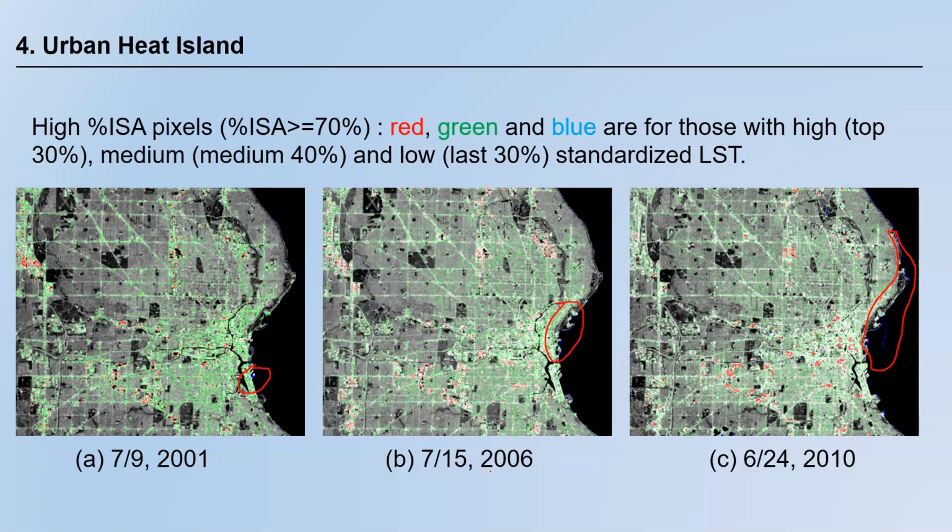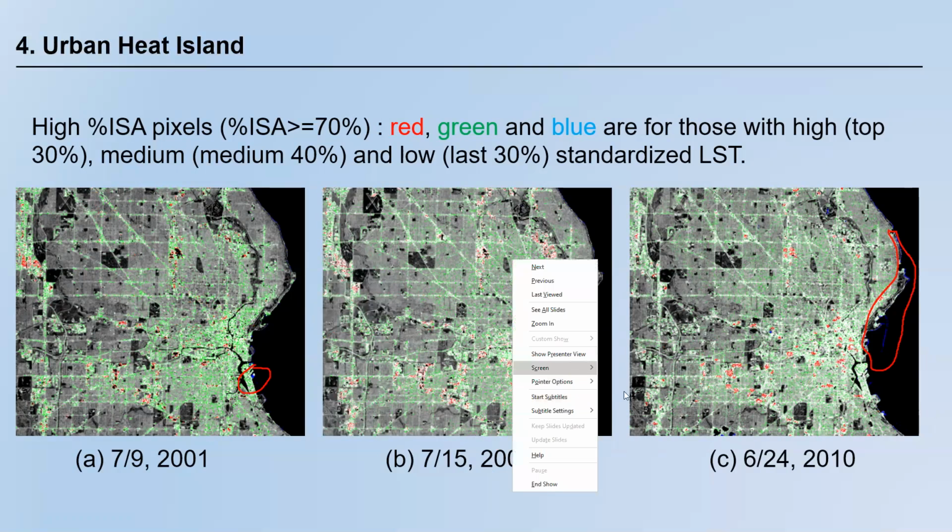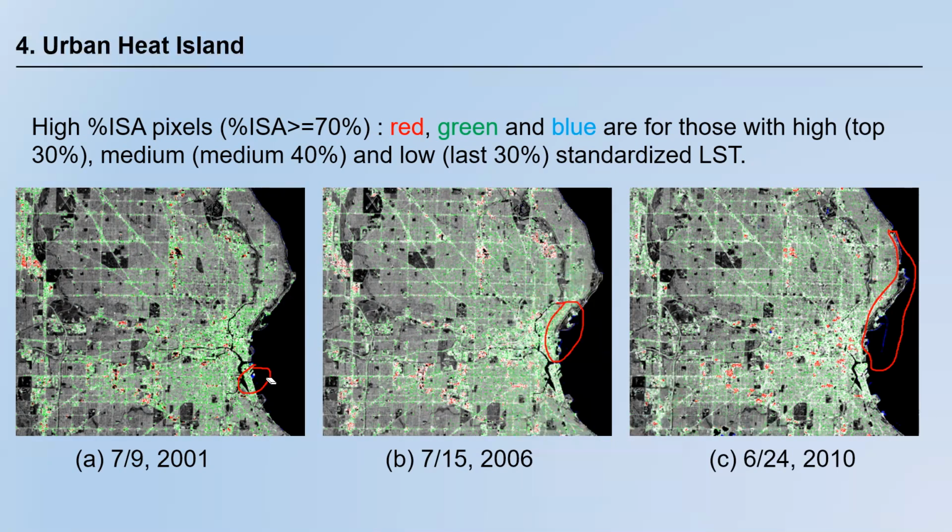On the other hand, you can see the red pixels. Let me erase these polygons I just made. Red pixels are not widely distributed, and they are clustered in business areas, for example the downtown of Milwaukee and some non-residential areas, usually a shopping mall or industrial area.